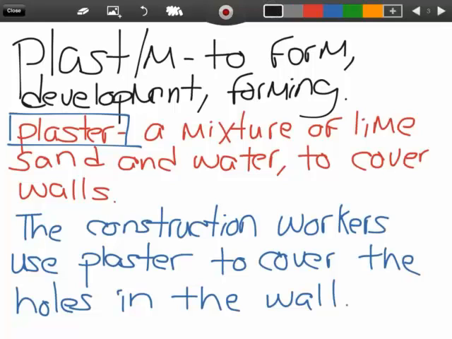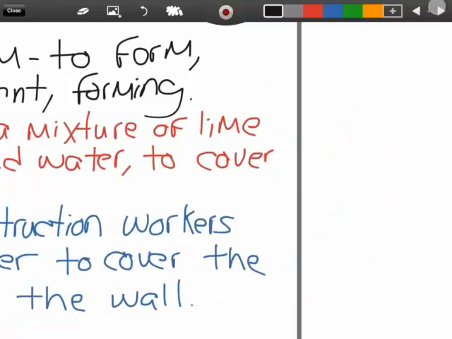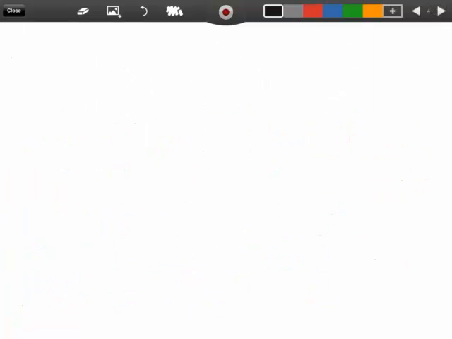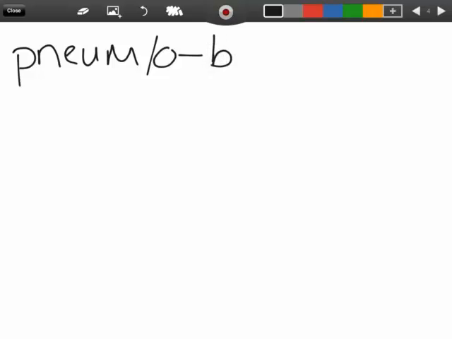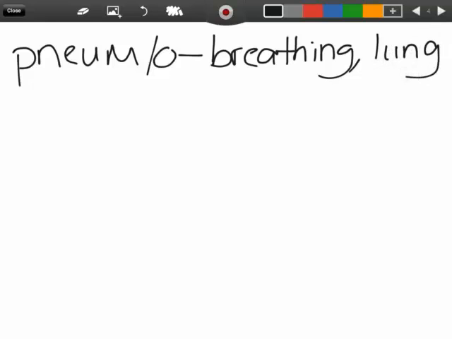Excuse me. Our next root is numen or numeno, meaning breathing, lung, and air.